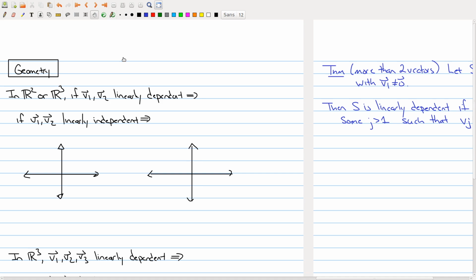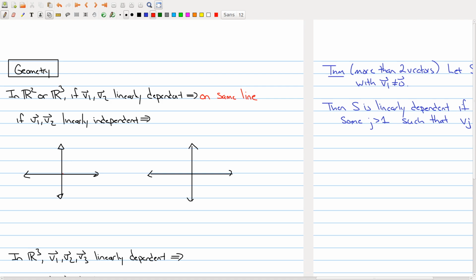So in R2 and R3, two vectors being linearly dependent would mean that one is a scalar multiple of the other. But if two vectors are scalar multiples of each other, geometrically that means they're on the same line.